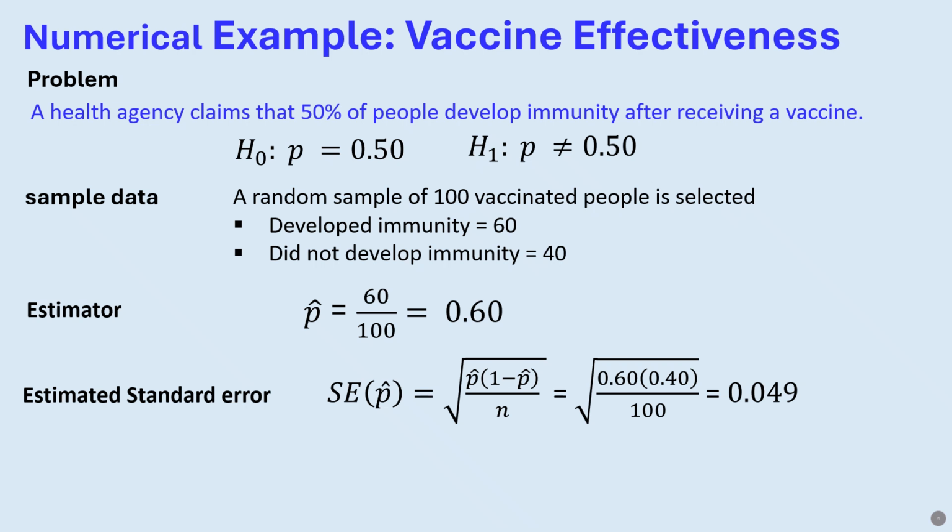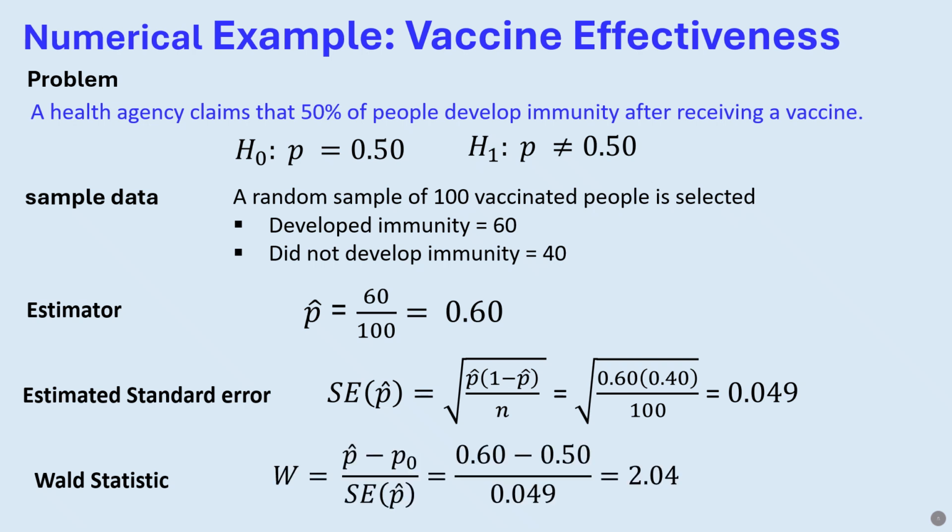Substituting p hat equals 0.60 and n equals 100, we obtain an estimated standard error of approximately 0.049. Finally, we compute the Wald statistic by subtracting the hypothesized proportion, 0.50, from the estimated proportion, 0.60, and dividing by the estimated standard error of 0.049. This gives a Wald statistic of approximately 2.04.